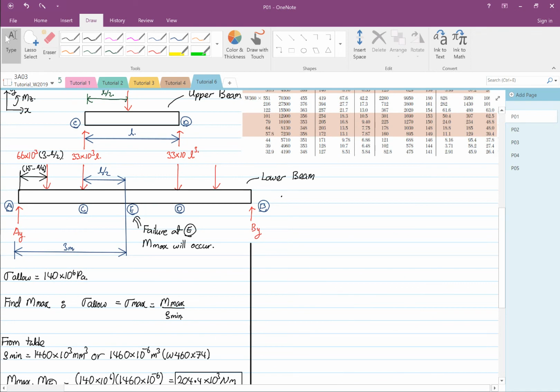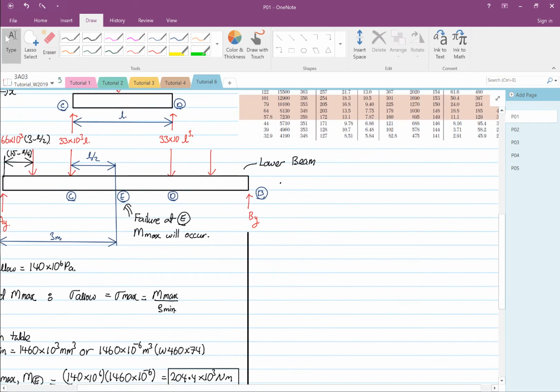We're going to analyze the beam at E, because this is where failure occurs.